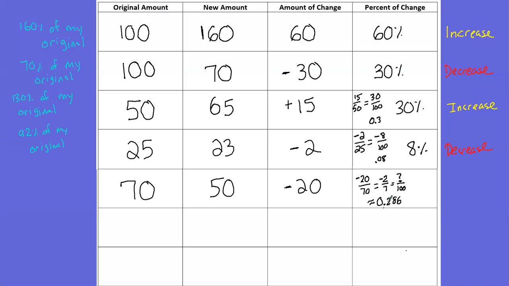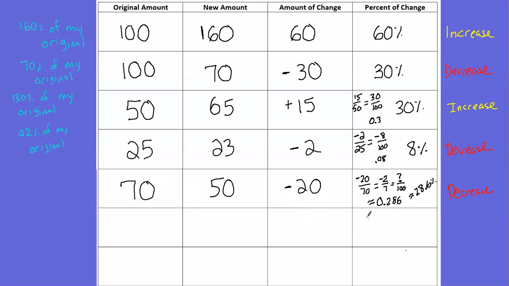So as a percent, that would be about, once again, I rounded this, about 28.6%. Now, because I went down, this is another one where I want to say, okay, this is a 28.6% decrease.